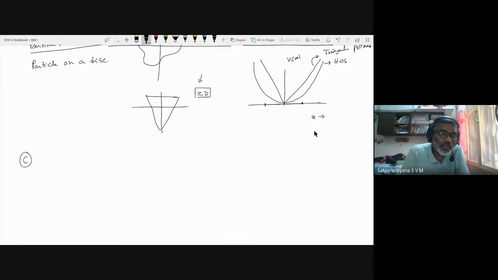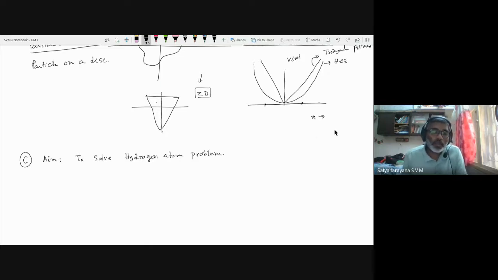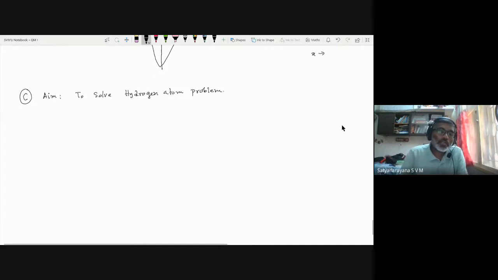So our aim is to solve the hydrogen atom. Okay, so this is our aim. But now we will try to proceed to that.